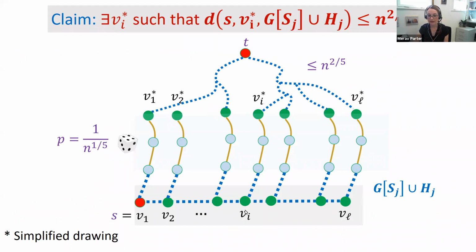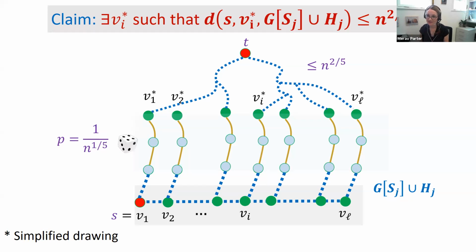For every node Vi, we have some designated node Vi star at distance 3 from Vi, such that T has a short path of length at most n to the 2 over 5 from Vi star. For simplicity, I draw here a very simplified drawing where all the shortest paths between Vi star to Vi are edge disjoint.